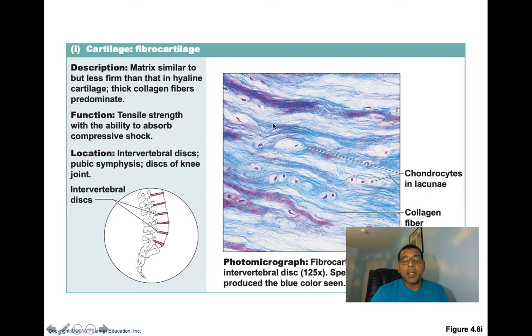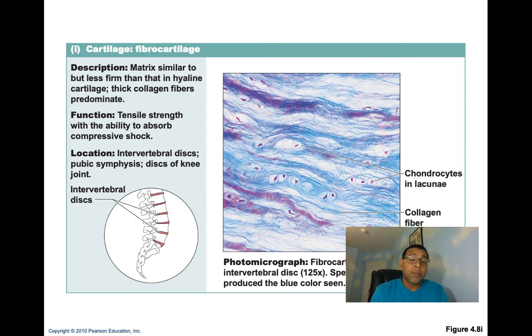You can see cells and collagen fibers. Now, function: this tissue provides tensile strength with the ability to absorb compressive shock. So this is the absorber and provider of compressive shock.